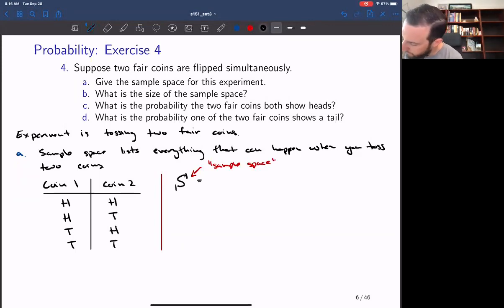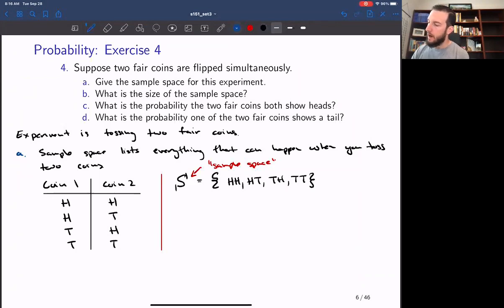S is equal to head head, head tail, tail head, tail tail. Okay, and this would be the more formal notation for the sample space. So the fancy S, and then inside the curly brackets, you're listing all of the possible outcomes.